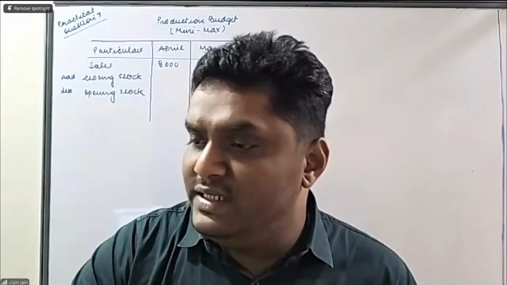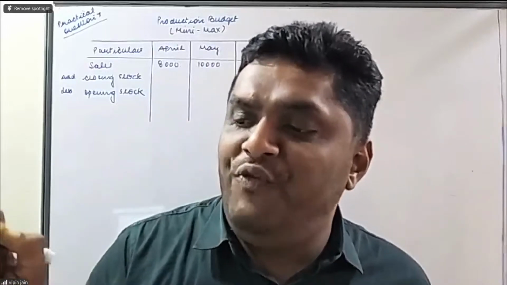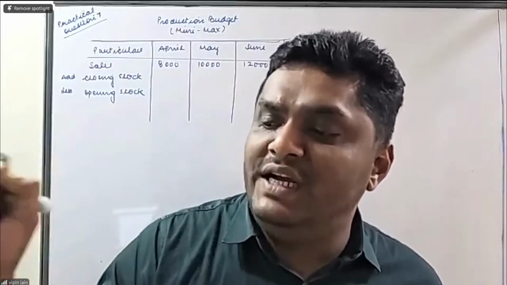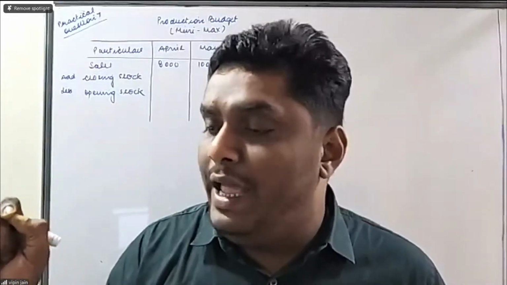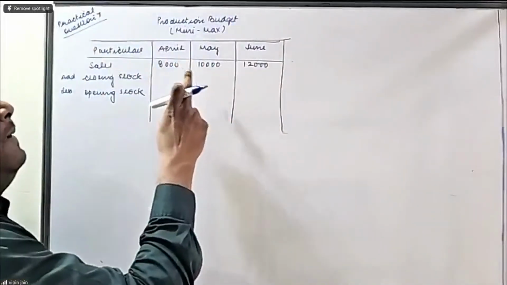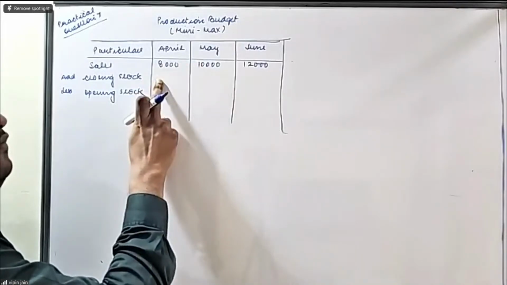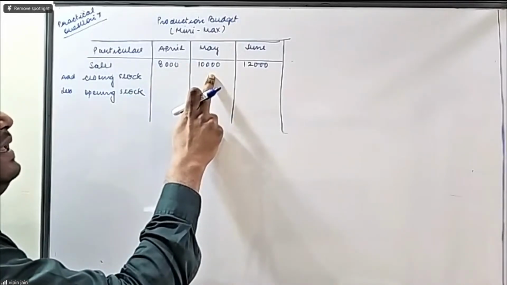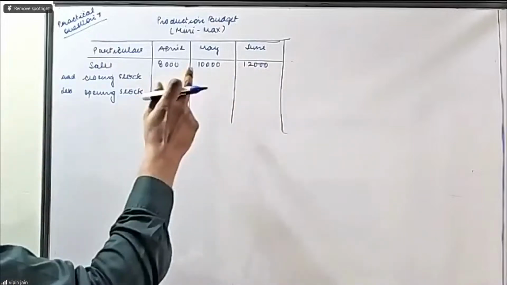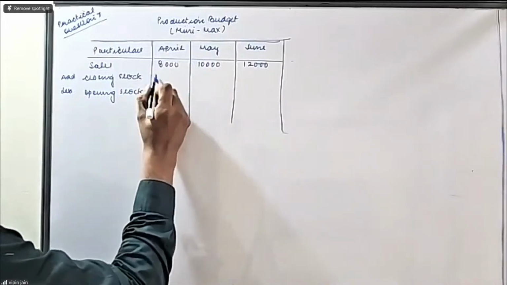Now, what is given related to closing stock? I repeat again, it is given in the question that the company policy is to hold closing stock of finished goods at 25% of the anticipated volume of the sales of the succeeding month. So what will be the closing stock of April? 25% of May. What will be the closing stock of May? 25% of the June. So for April, it will be 10,000 into 25%, that is 2,500.